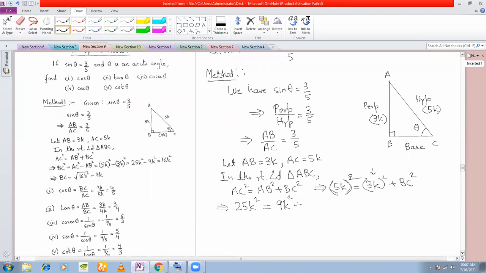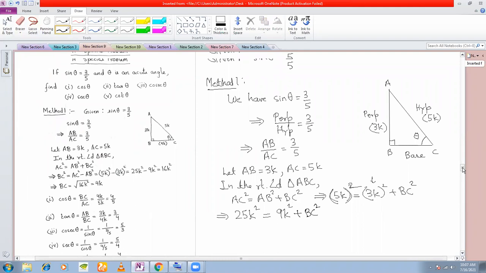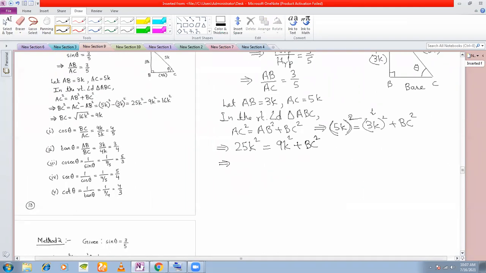So 9K square plus BC square. That means 25K square minus 9K square is equal to BC square. That means 16K square is equal to BC square.